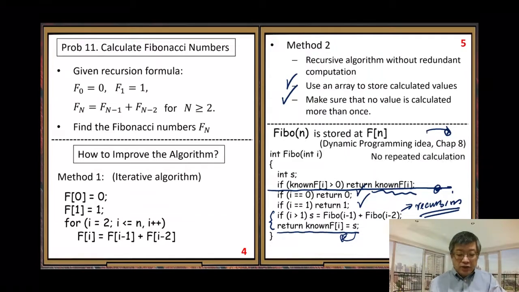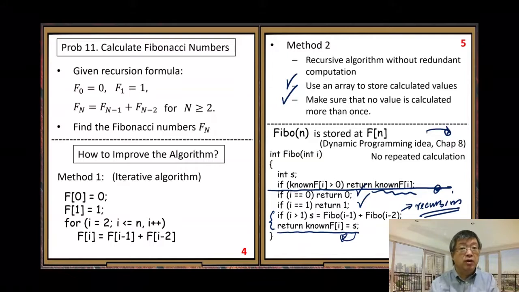The essence of this dynamic programming method is no repeated calculation. When you need to use previous older values, if they have been calculated before, you just retrieve them from storage somewhere.